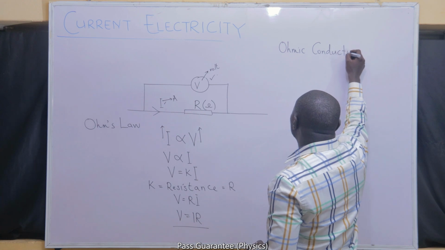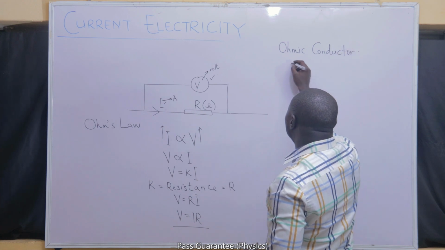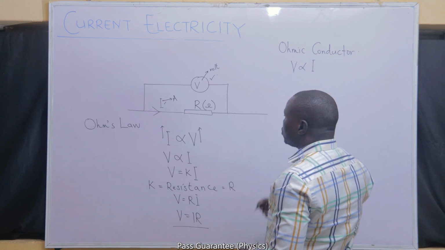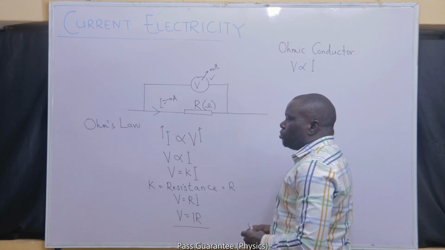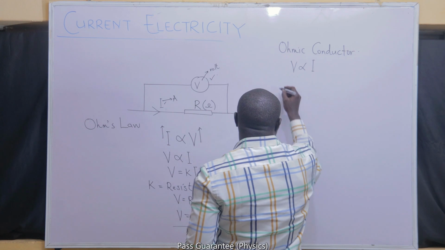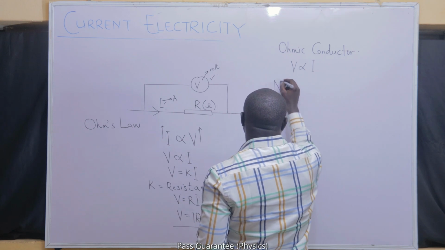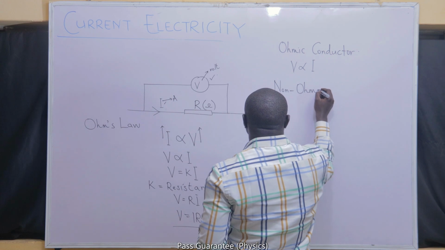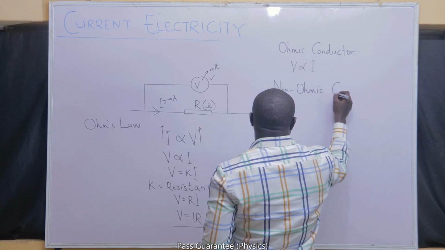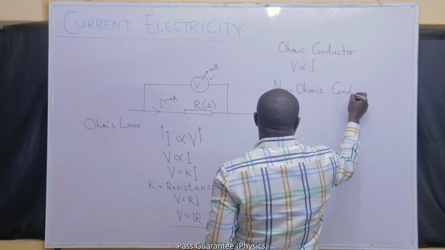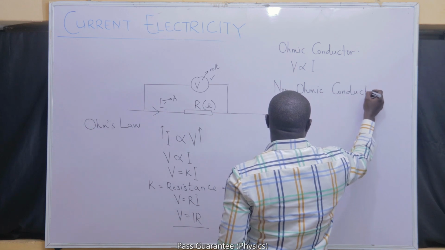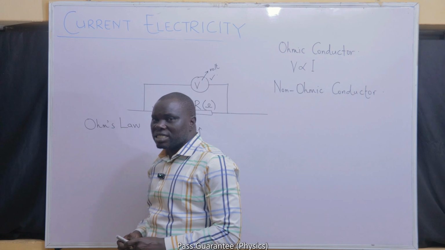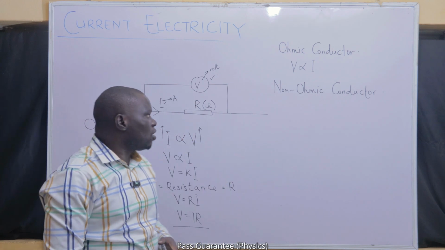What we mean by saying that they obey Ohm's law is, for them, the potential difference is directly proportional to I. But for some other types of conductors, yes, potential difference can be established across their ends, but the potential difference is not directly proportional to the current that is passing through. It could be proportional to the degree of power 2, or some other type of relationship can exist between the potential difference and the current.